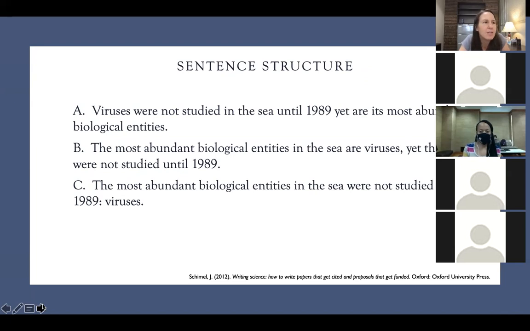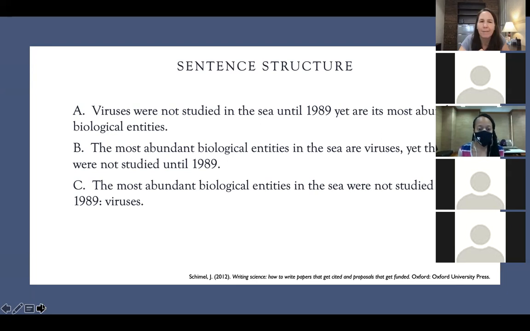In sentences B and C, on the other hand, we have the biological entities in C as the beginning of the sentence in the topic position. So we can expect the coming sentences to be about something different. In sentence B, we have "they were not studied until 1989."